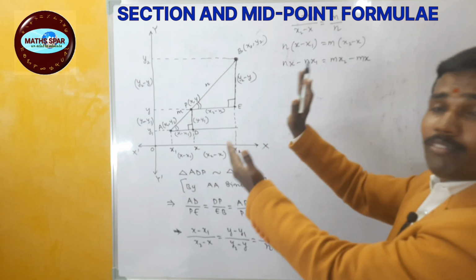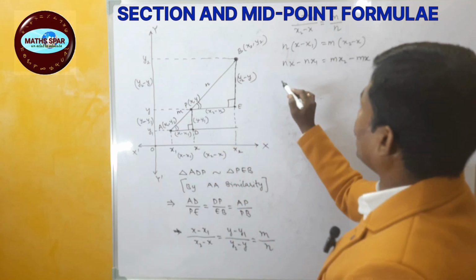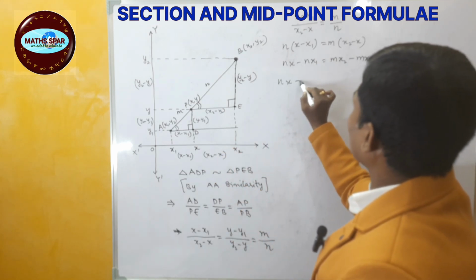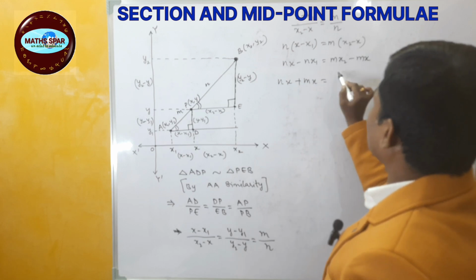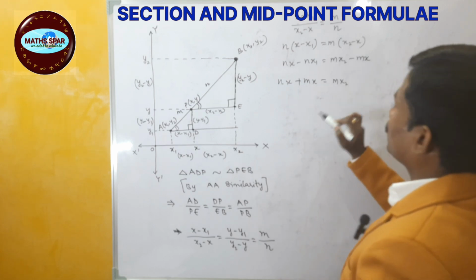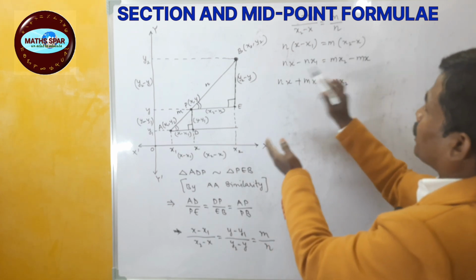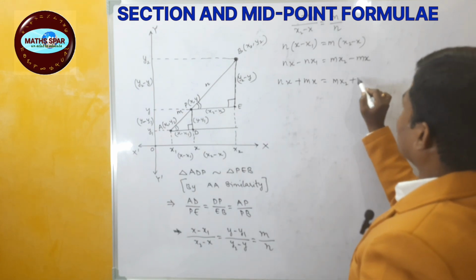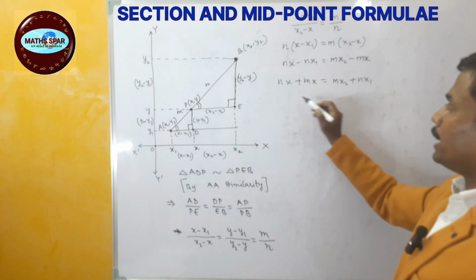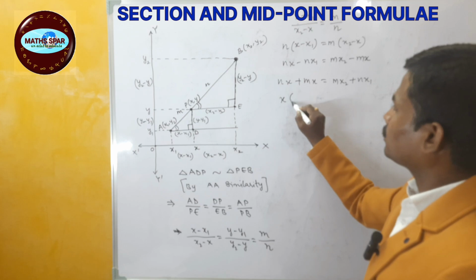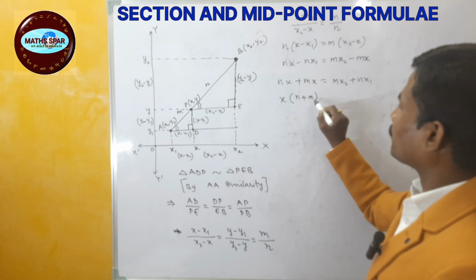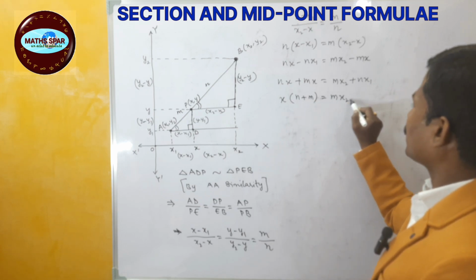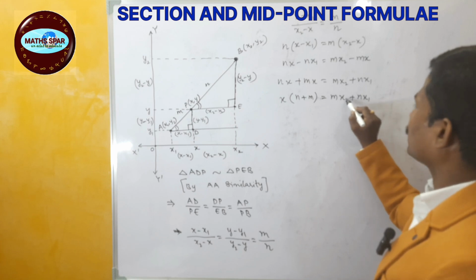Minus mx, if we take it to left hand side, nx plus mx is equal to mx2, take it to right hand side, it is plus nx1. x is common in both, so n plus m is remaining inside, then mx2 plus nx1.